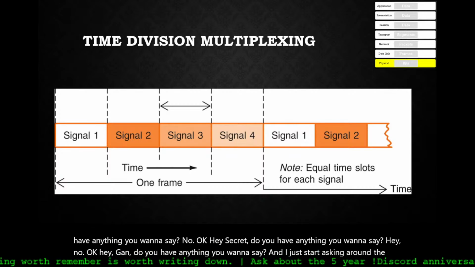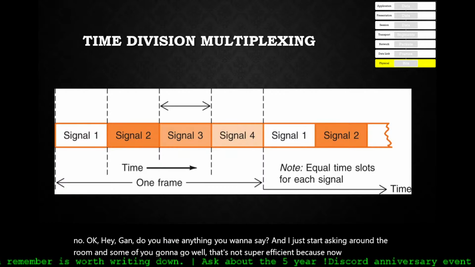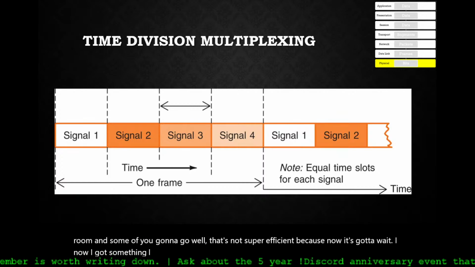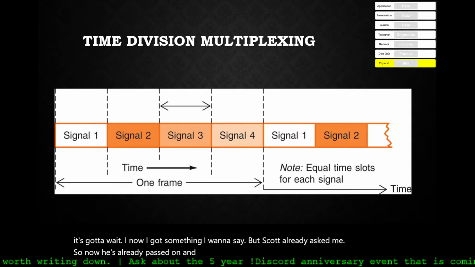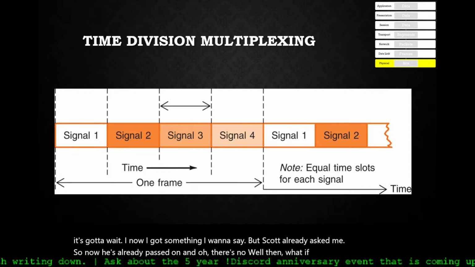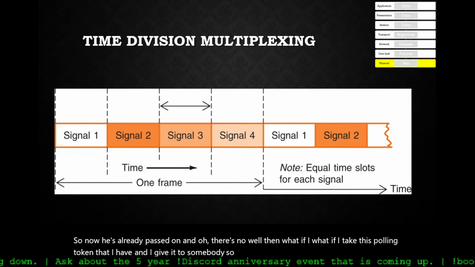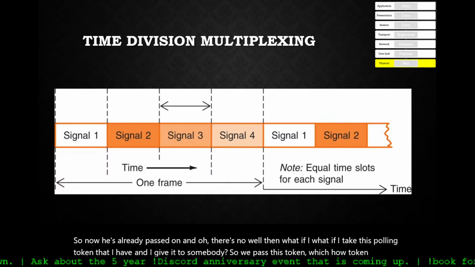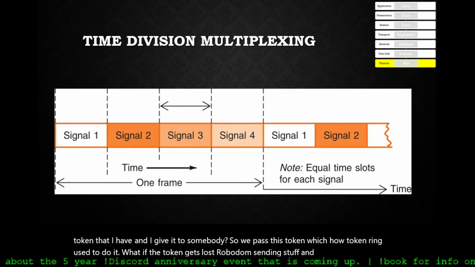And some of you are going to go, well, that's not super efficient, because now it's got to wait. Now I got something I want to say, but Scott already asked me, so now he's already passed on. And, oh, no. Well, then what if I take this polling token that I have and I give it to somebody? So we pass this token, which is how Token Ring used to do it. What if the token gets lost? Robodom's sending stuff and he doesn't pass the token along.